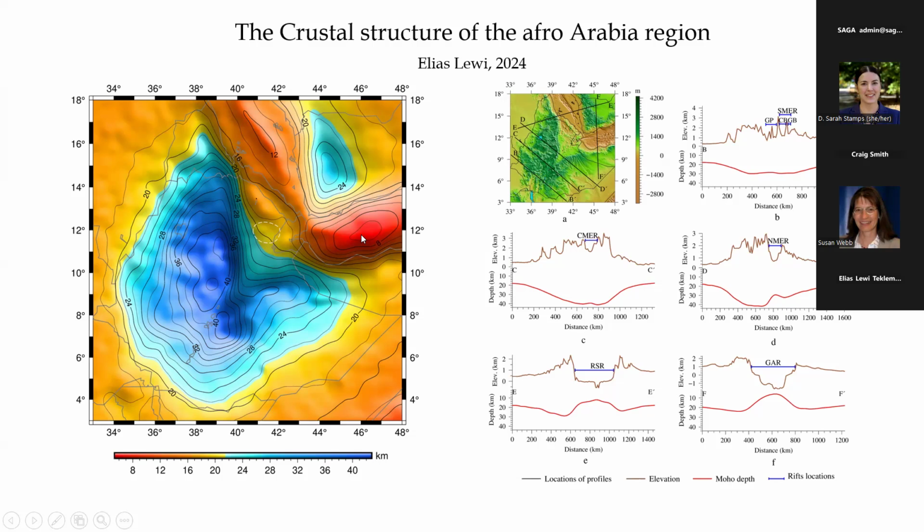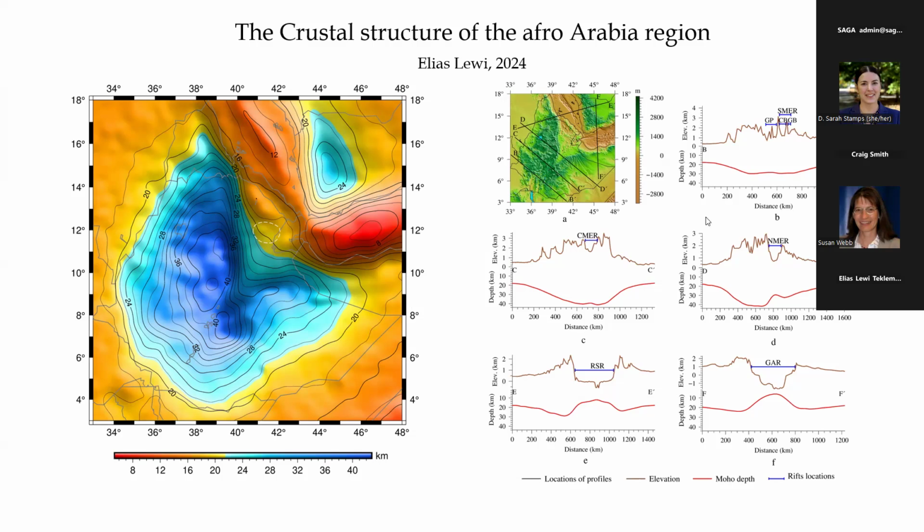And when we go to the Gulf of Aden region, the crust is thinning to only 3-4 kilometers. This agrees very well with seismological data.